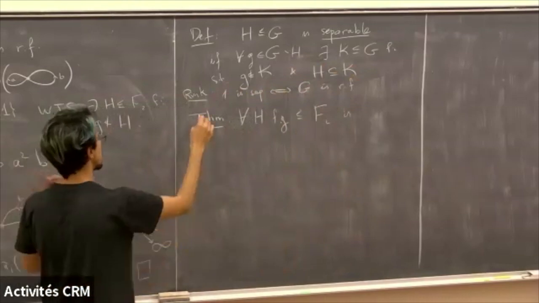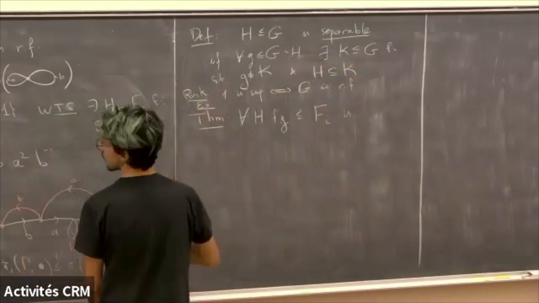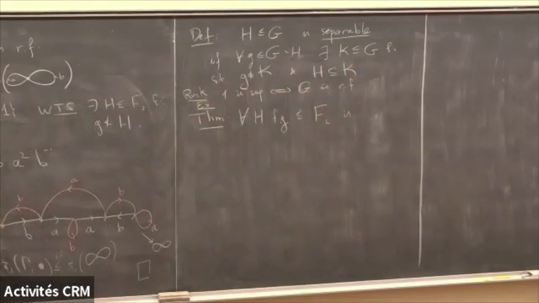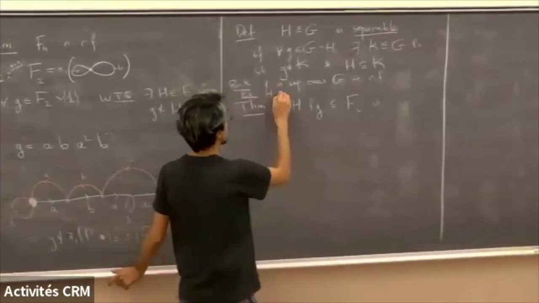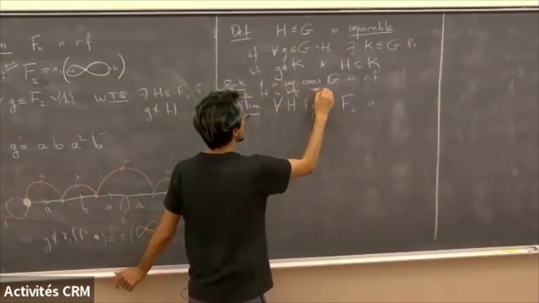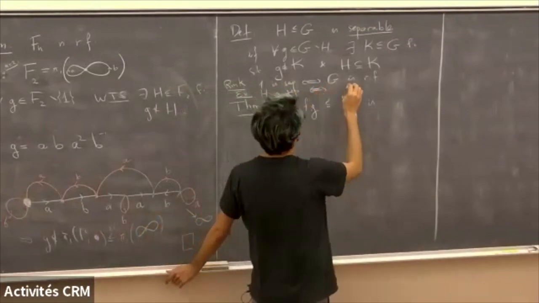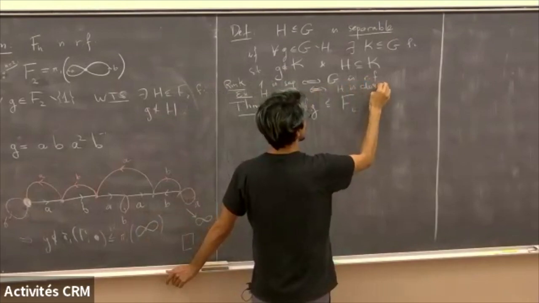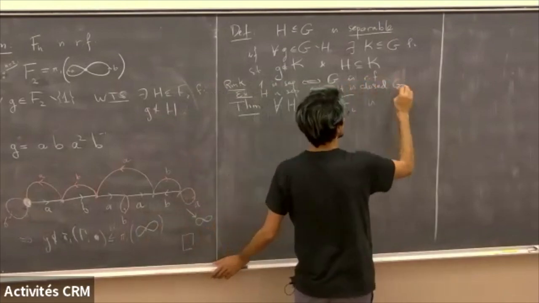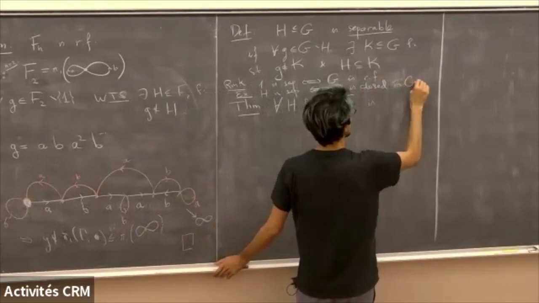And maybe another exercise is similar to this. H is separable if and only if H is closed, it's a closed subgroup, again with respect to the profinite topology.